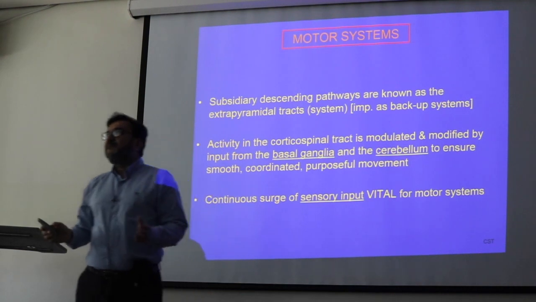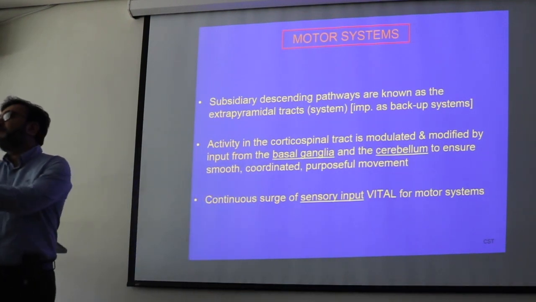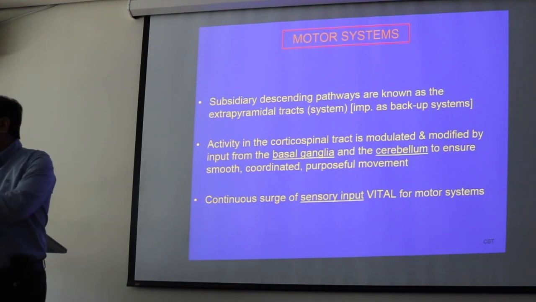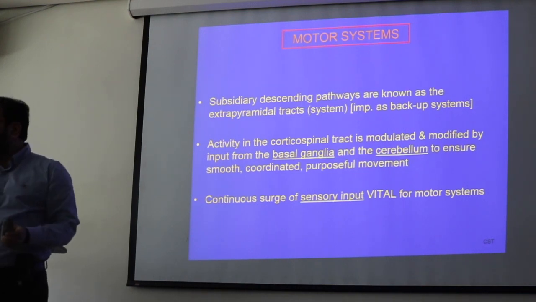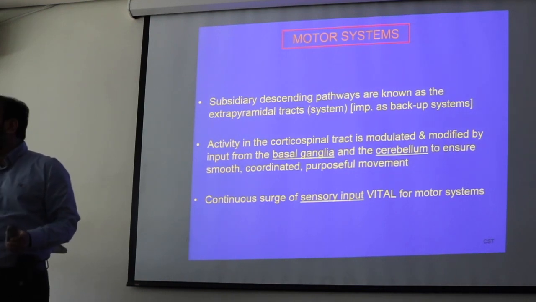But whenever you would have damage to the upper motor neuron, both pyramidal and extrapyramidal pathways would be involved. Clinically, you would not be able to see only the extrapyramidal system affected or only the pyramidal system affected.